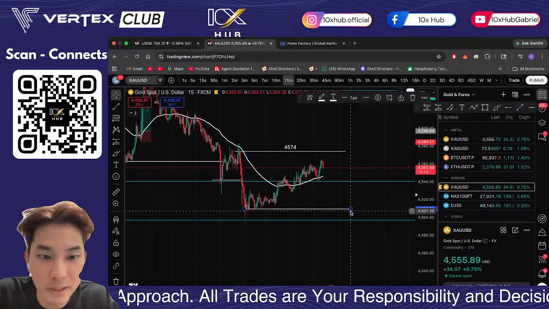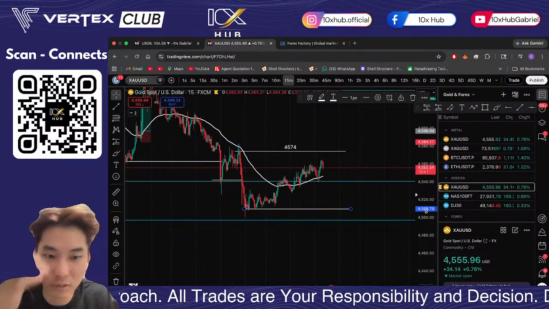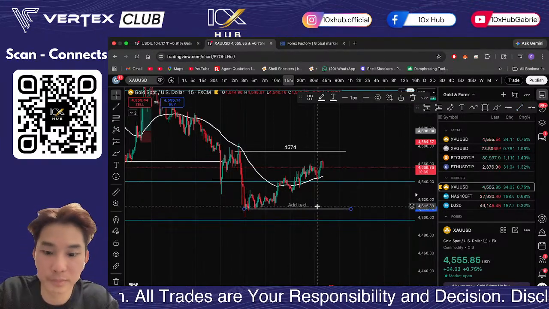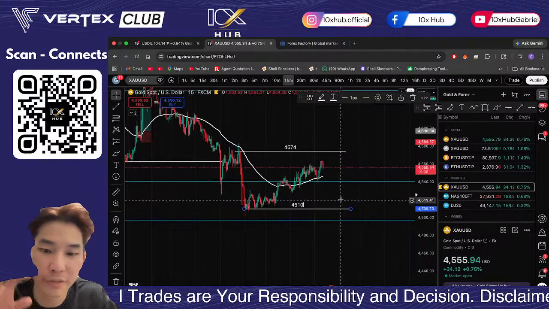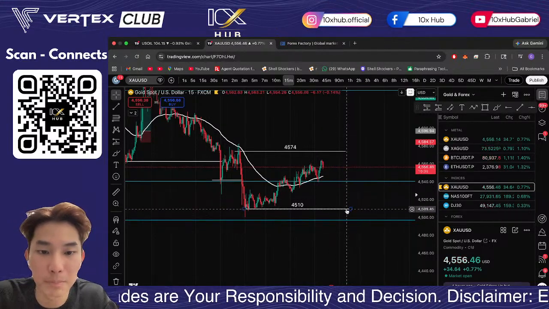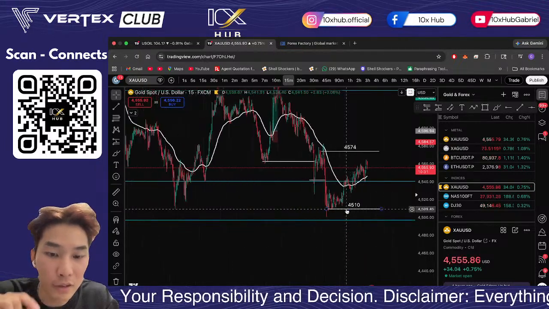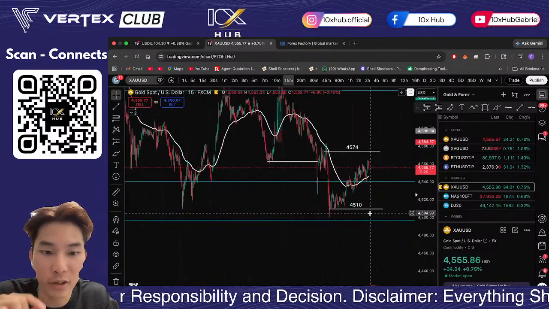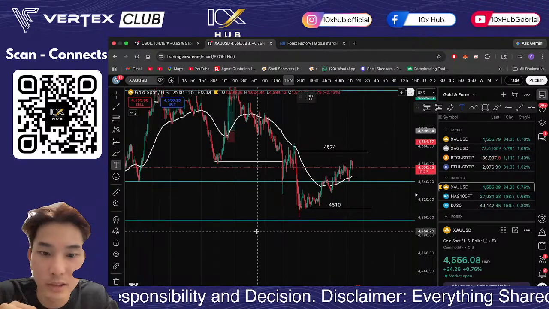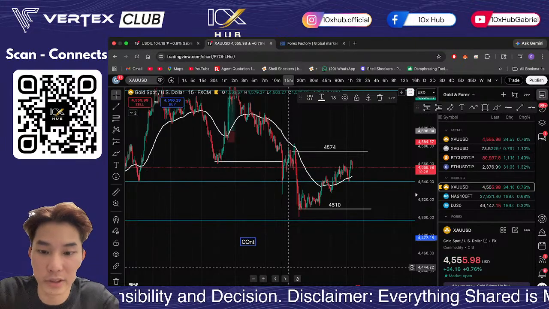If it broke below this point, which is 4510, if we broke down below this price level, a continuation of trend will happen. So this is actually a continuation of trend.